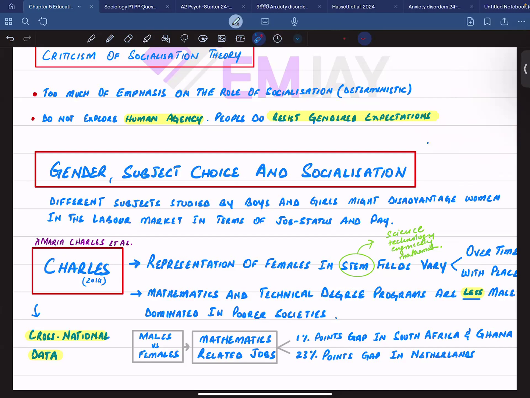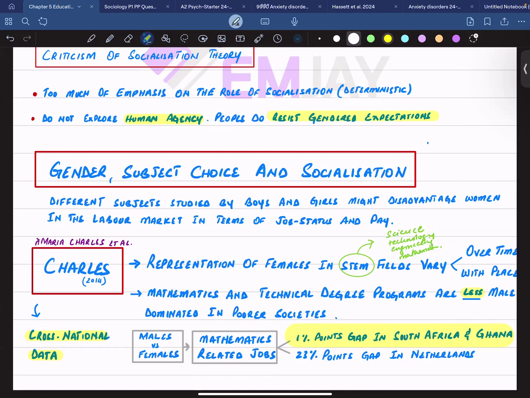So, Charles picked up cross-national data and found out that, in a comparison between males and females in terms of the mathematics-related jobs they seek or pursue, the gap was 1% between males and females in countries such as South Africa and Ghana.